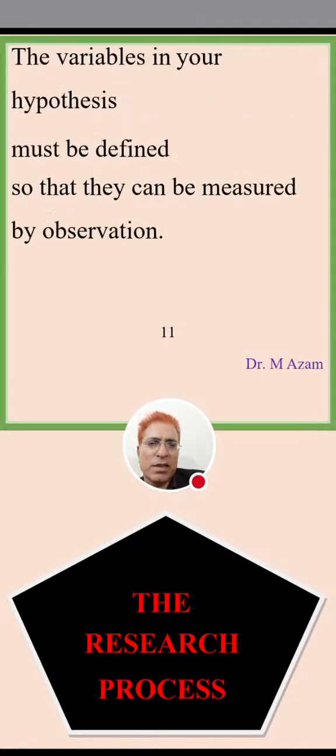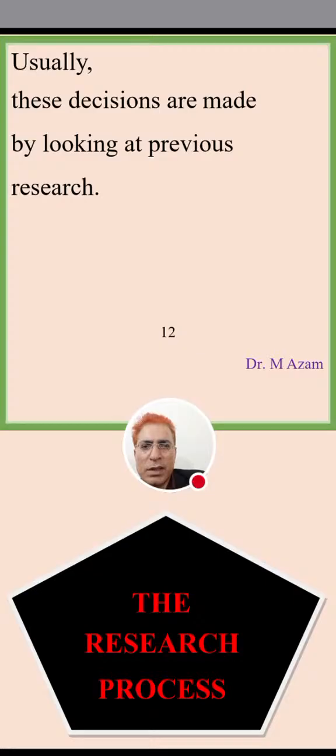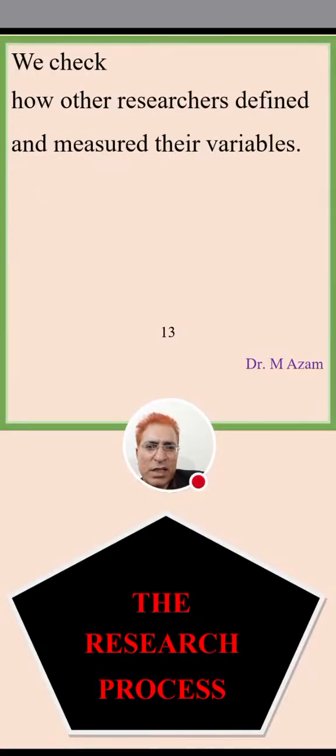The variables in your hypothesis must be defined so that they can be measured by observation. So, before measuring the variables, we need to define them. Usually, these decisions are made by looking at previous research. We check how other researchers defined and measured their variables.